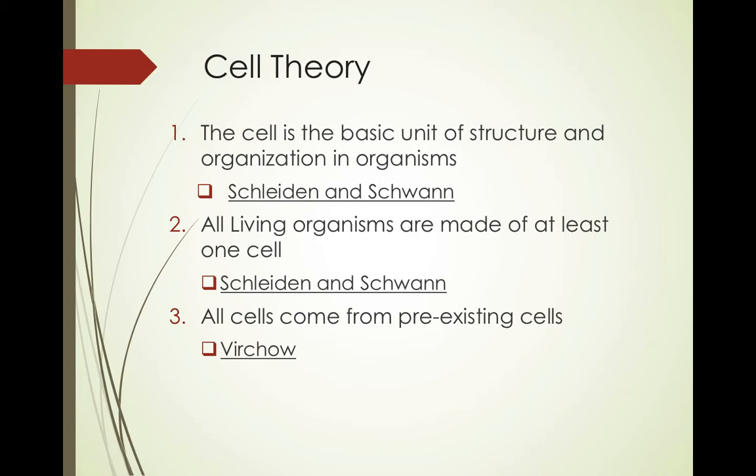Now, it's important to note on this one right here, talking about the difference between 1 and 2, that a lot of people, and even I've done it in the past, said, oh, well, what about Hooke? Where's Hooke on this list? So even though Hooke was the first one to discover the cell, because of limits in technology at the time, he didn't actually know that everything was made up of cells, and he wouldn't have known that.